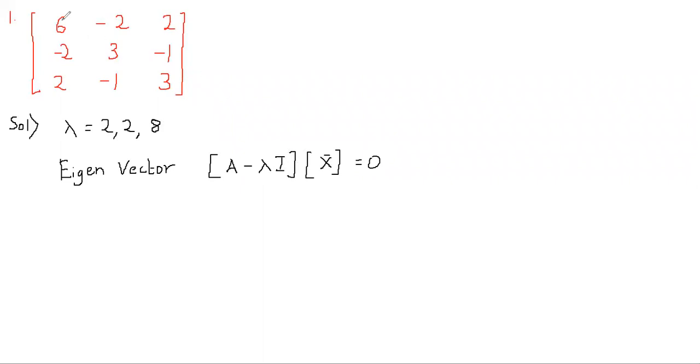If we are using 3 cross 3, the unit matrix will be 3 cross 3. The leading diagonal will be 1, 1, 1, and everything else will be 0. That is known as the unit matrix.